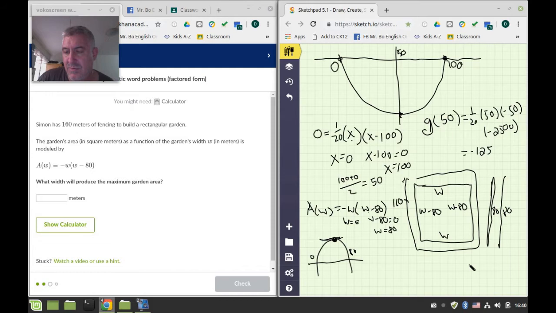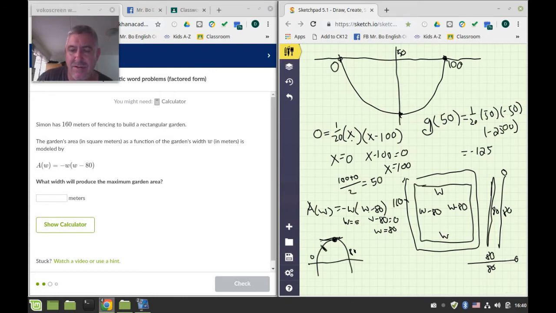And if we have a width of 80, we have a width of 80 on two sides, and then we have this other dimension, which I guess I call length here, as 0. And then our area there is 0 too. 0 times 80 is 0, and 0 times 80 is 0.